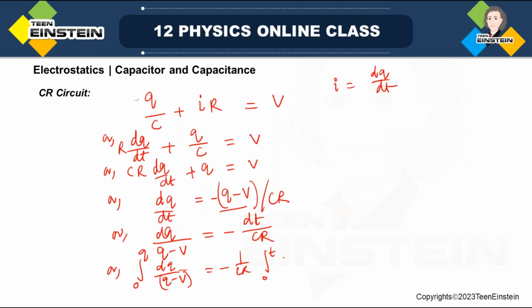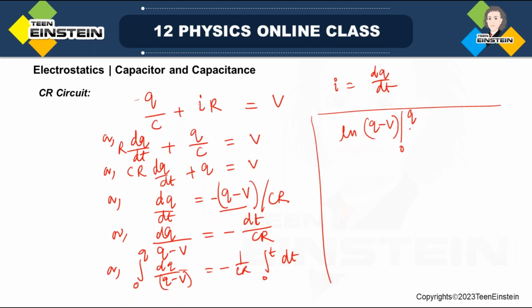If we do the integration, we get ln of q minus v, with limits 0 to q, equal to minus t by cr.